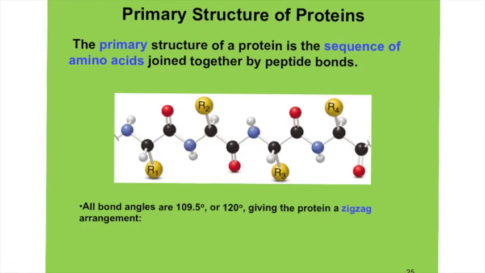So the lone pair of electrons is 1, 2, 3, 4. 4 electron domains gives you tetrahedral geometry, but we don't see the lone pair, and so this will be trigonal pyramidal geometry. And so we don't give you what the bond angles for that is. It's still going to be around 100. Actually, it's still 109.5. So it's 109.5, this is 120, this is 109.5, 109.5, 120. And so those bond angles will give you this zigzag conformation of your protein.